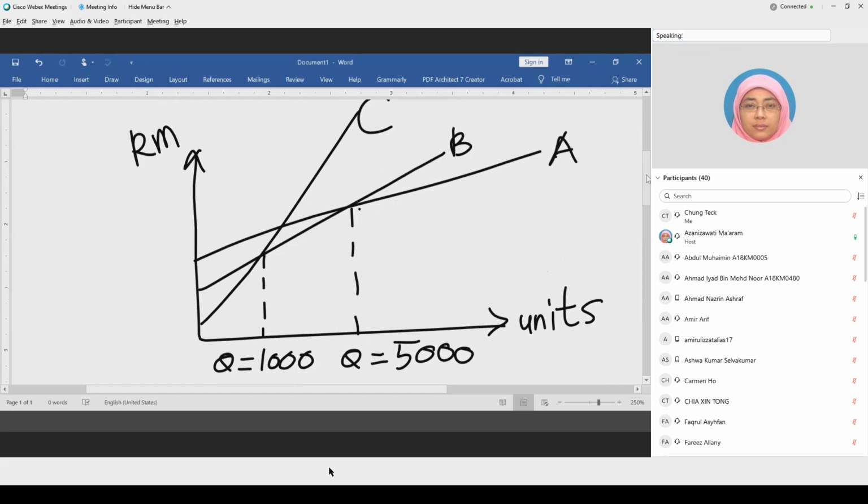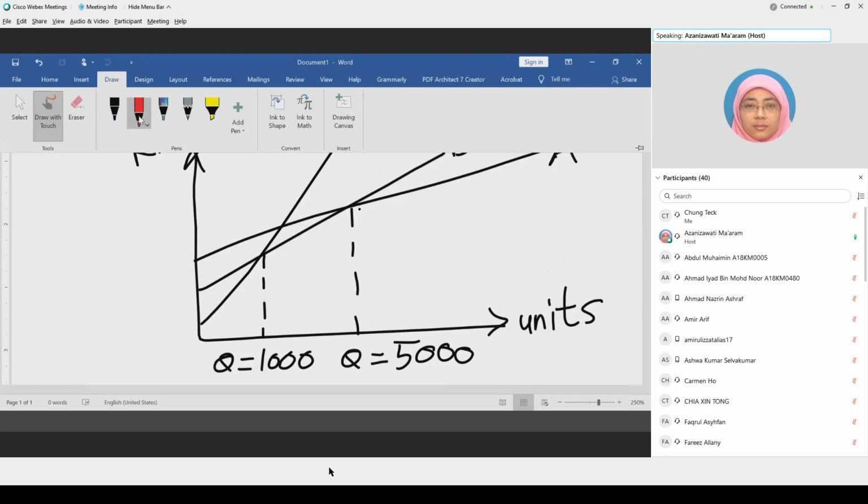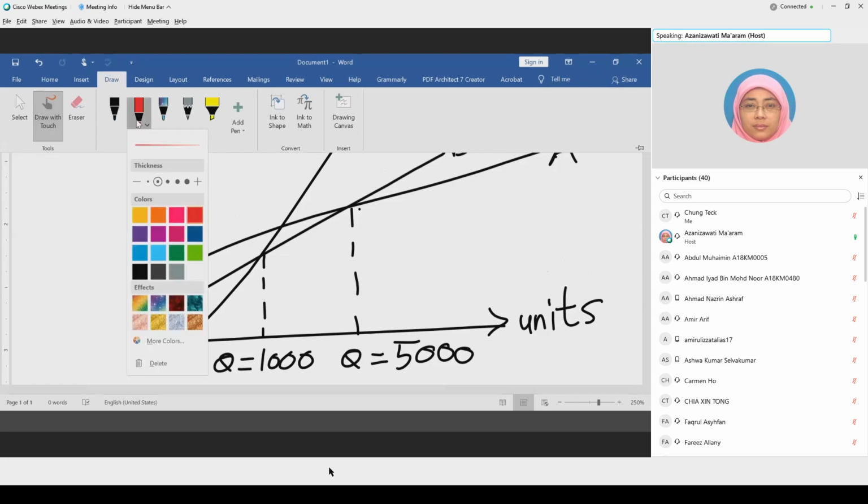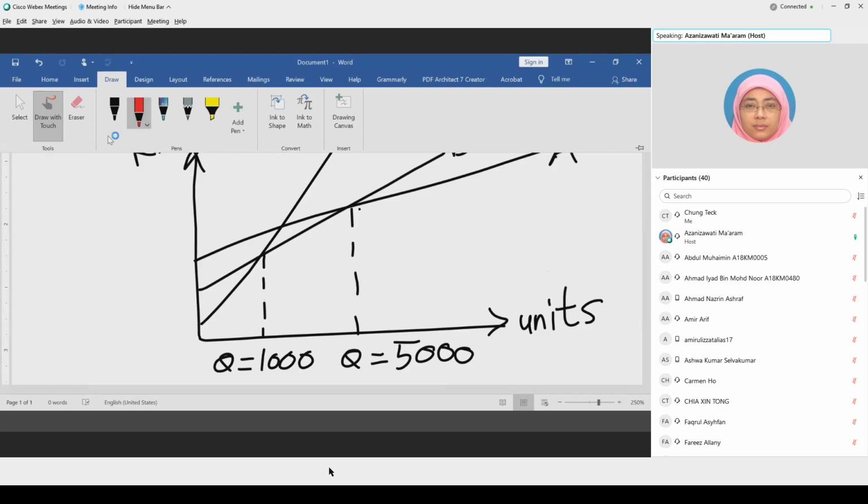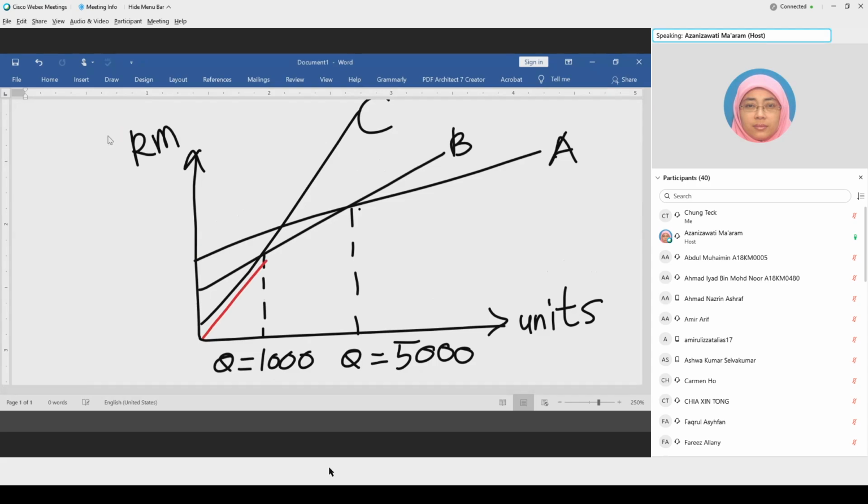So I said the lowest points, okay, the lowest lines is always the most economical. So in this case, kita tukar. So yang the lowest line is here. Ni yang the lowest.